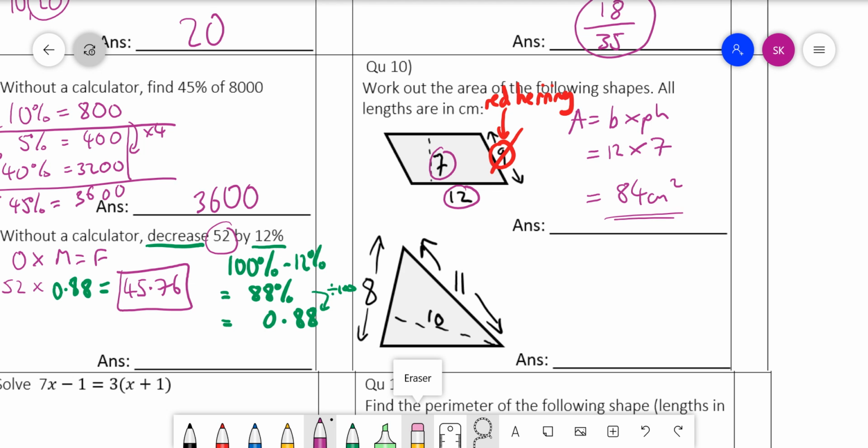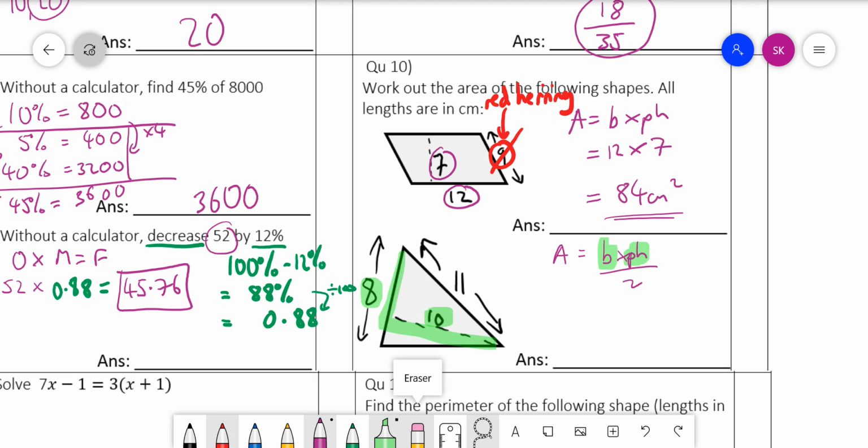For part B, we have a triangle. Area of a triangle, base times perpendicular height divided by 2. So the base in this case and the height, the perpendicular height, they're the ones that are right angles. It's going to have to be the 8 and the 10 because these are at right angles here.